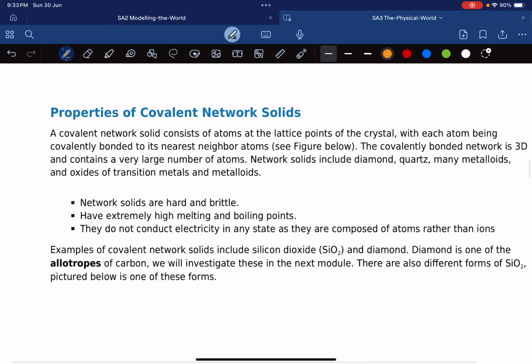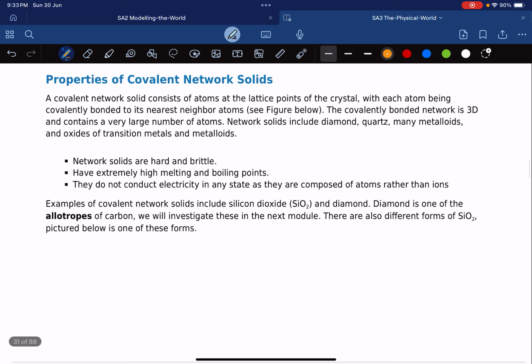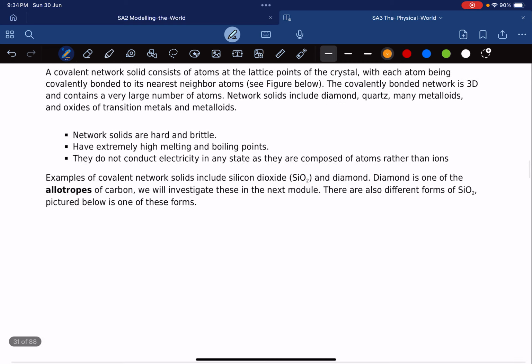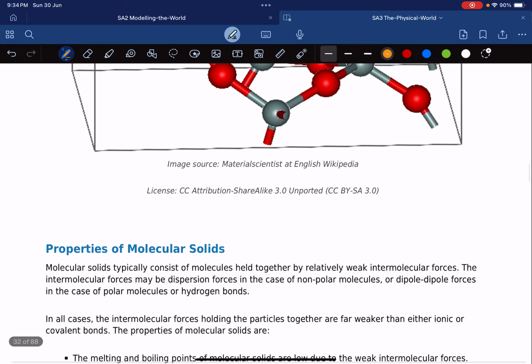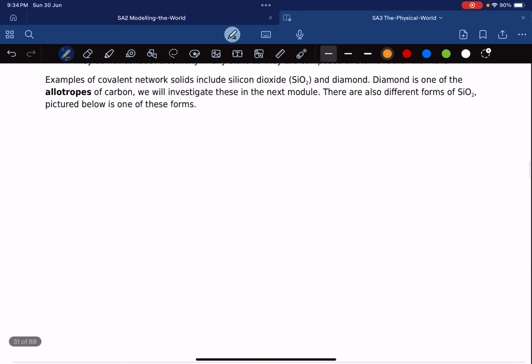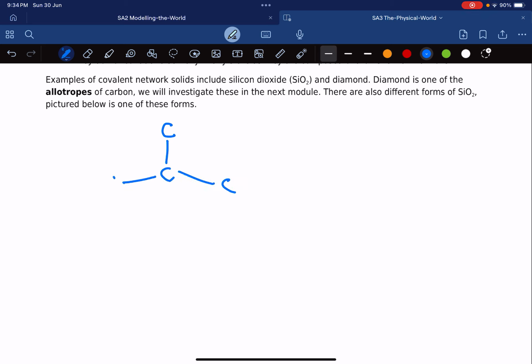Okay, so covalent network. When we talk about covalent network, we are talking about 2 very important things. One is those which are like diamond. You see, like diamond, every single carbon atom in diamond is attached to another 4 carbon atoms.